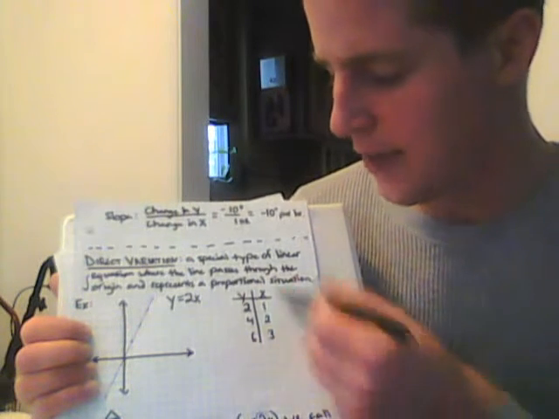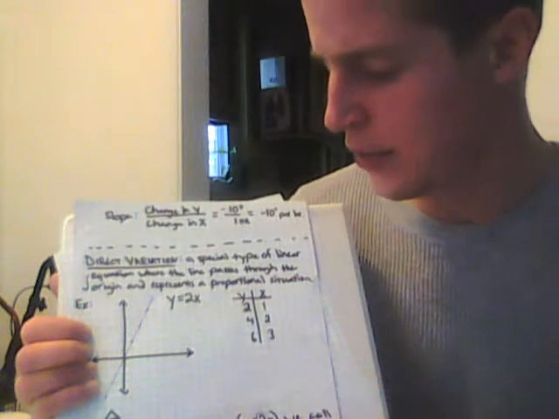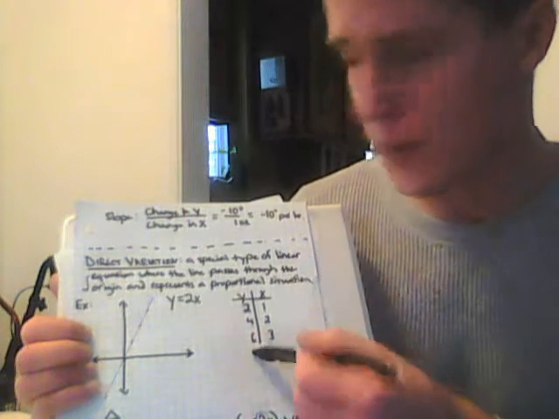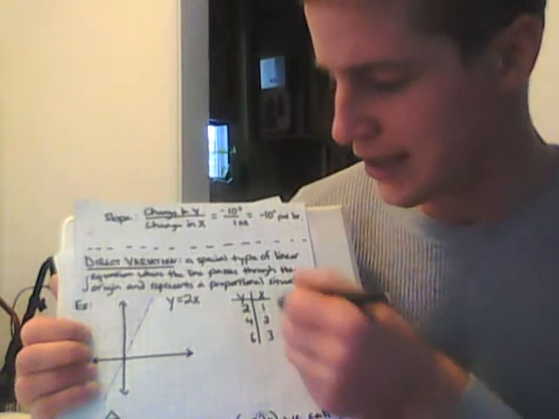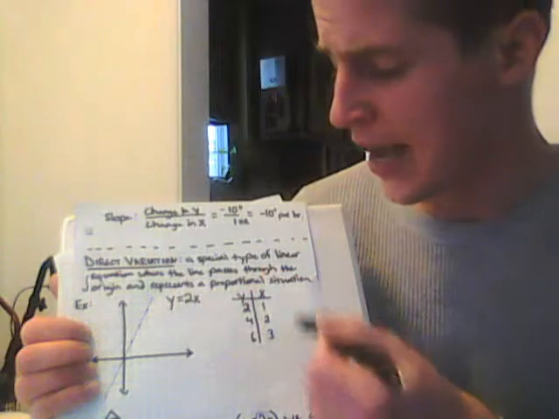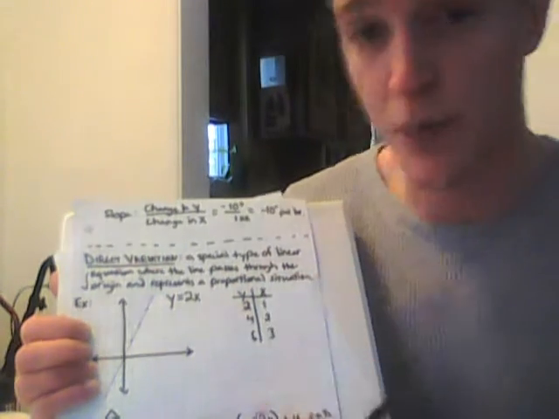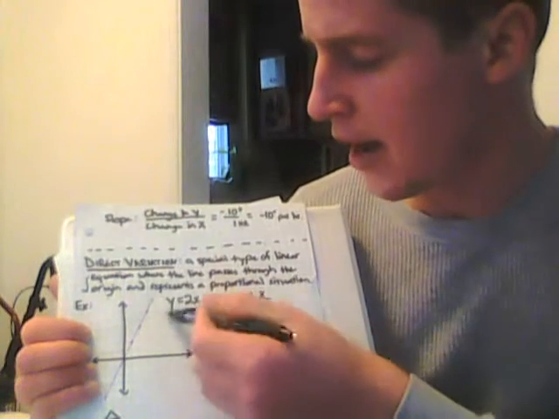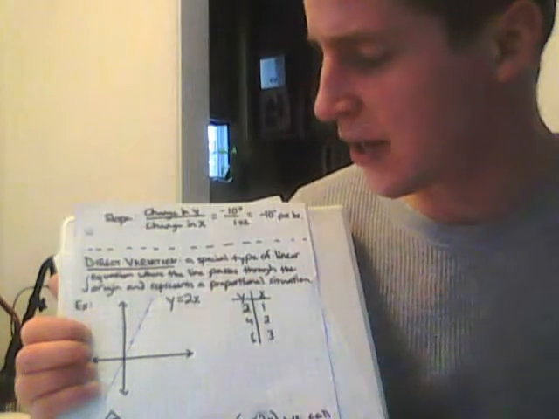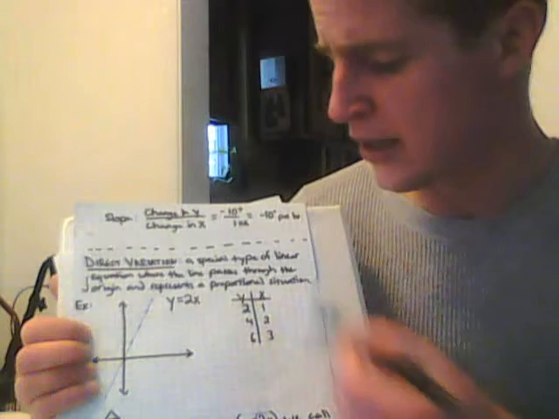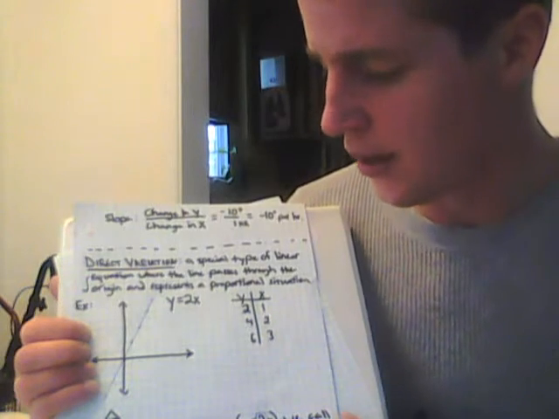So do we see a pattern here? Indeed we do. The y's are basically double the x's. So y's are double the x's, and we call that, with respect to this, proportional. So this indeed has a direct variation. It passes through the origin, and it is a proportional situation.